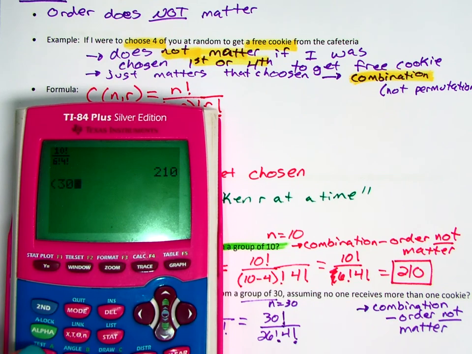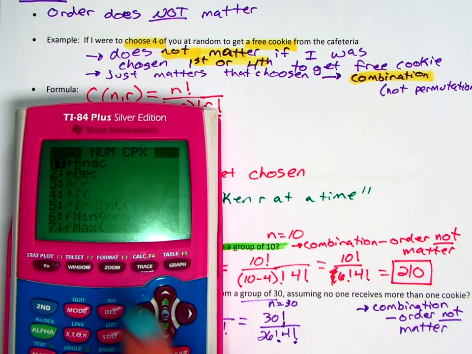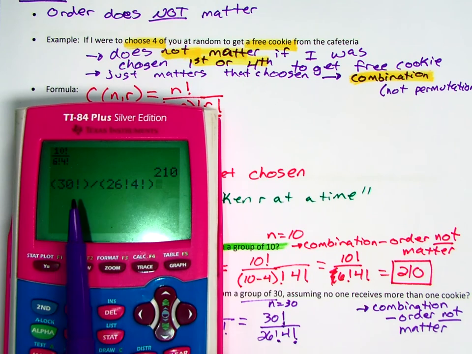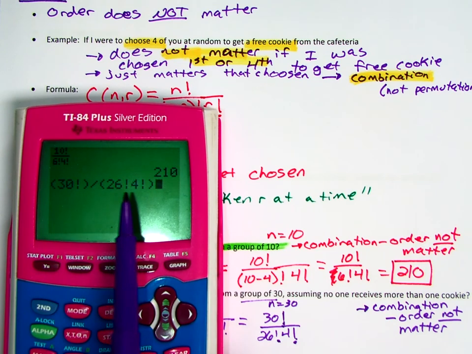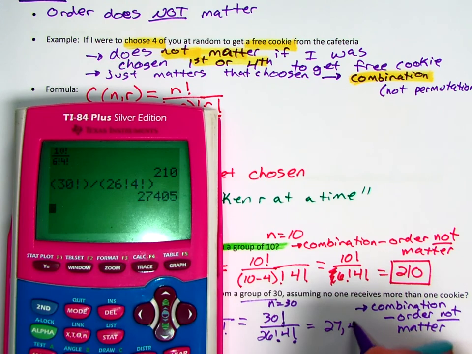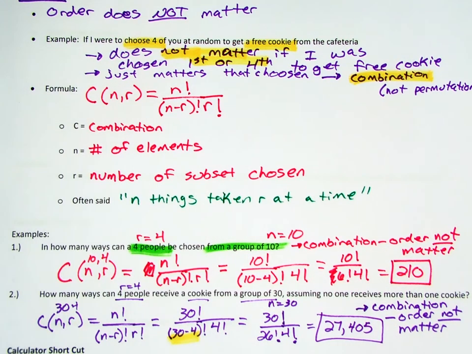So I would do 30 in parentheses, go over to probability, end my parenthesis because it's the end of my numerator, divide it by parenthesis, 26 factorial, 4 factorial, and then end my parentheses so that my calculator knows all of this is in the top of the fraction and all of this is in the bottom. And we end up with 27,405. So there's 27,405 ways to give 4 people cookies out of a group of 30.